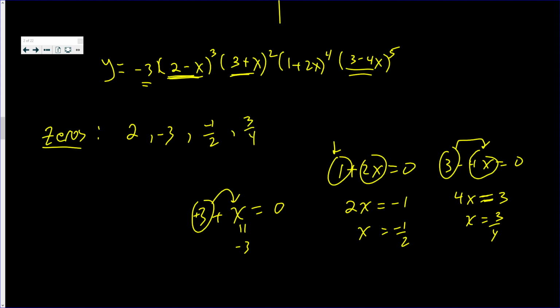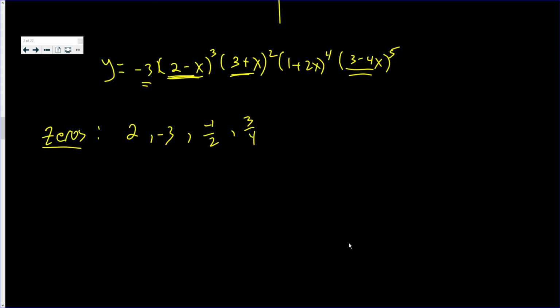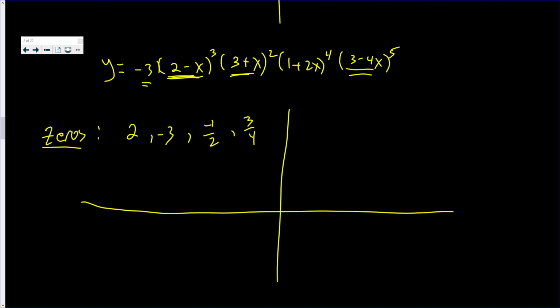Okay, let's get rid of our side work. I want you to see the graph in front of us. You have 1, 2, 3, -1, -2, -3. Two is right here. -3 is right here. -1/2 is in between 0 and -1.